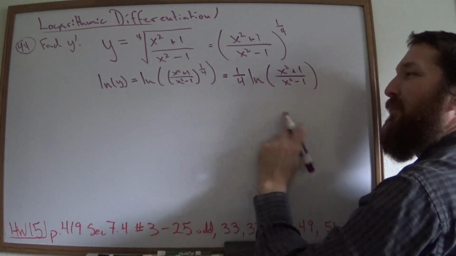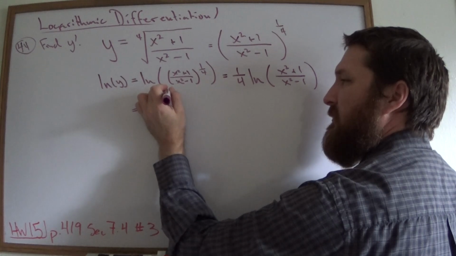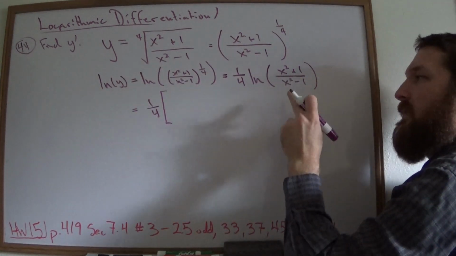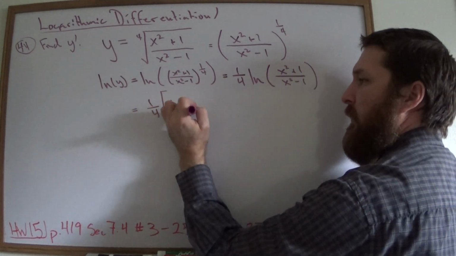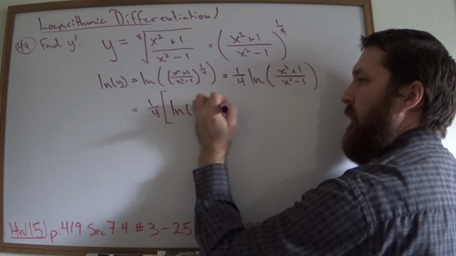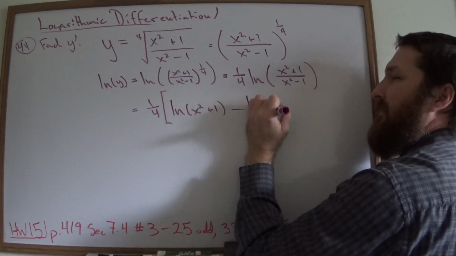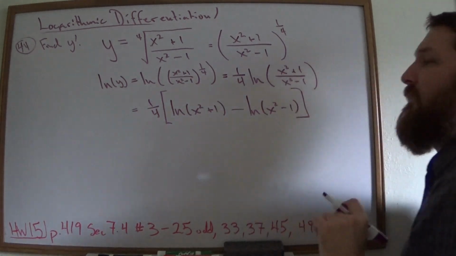And so we could break that up. Be careful with this. Make sure you're using parentheses, or I'm going to use brackets. So this thing breaks up into the log of the numerator minus the log of the denominator. And now I think we've broken them down good enough.